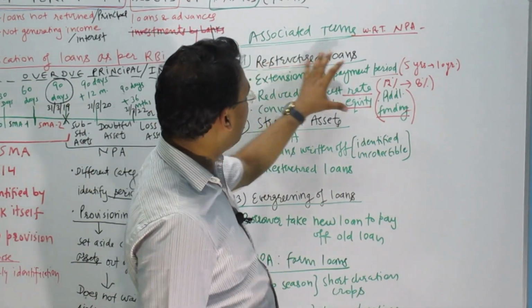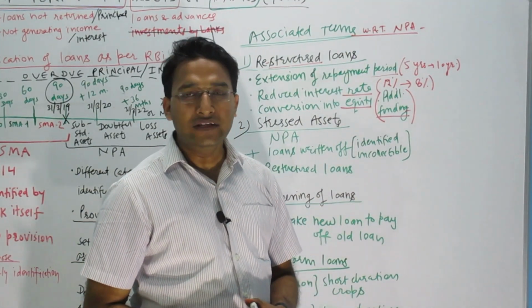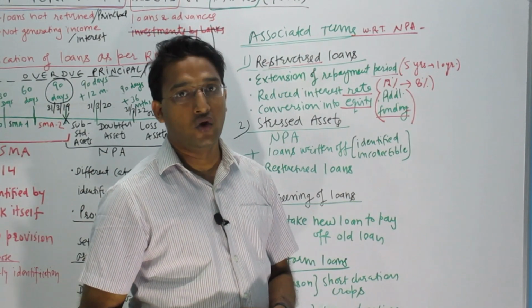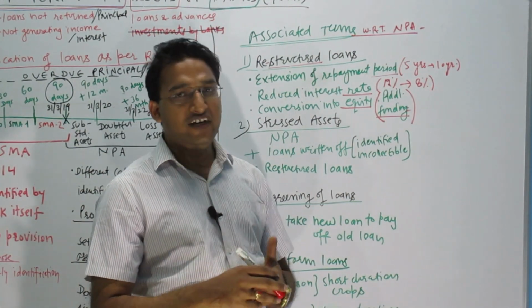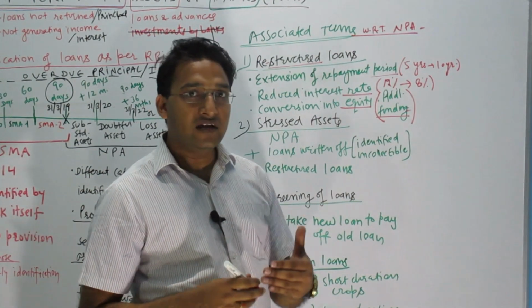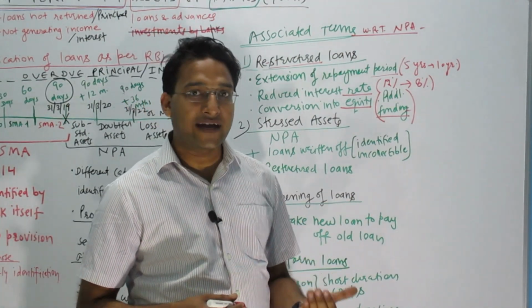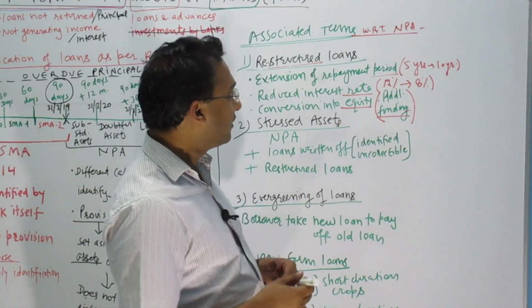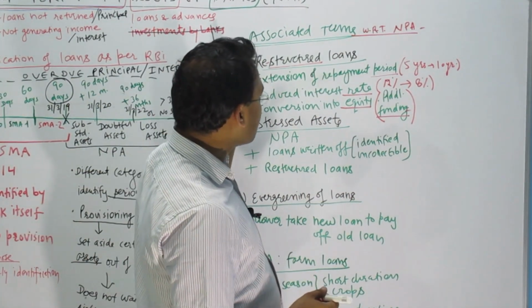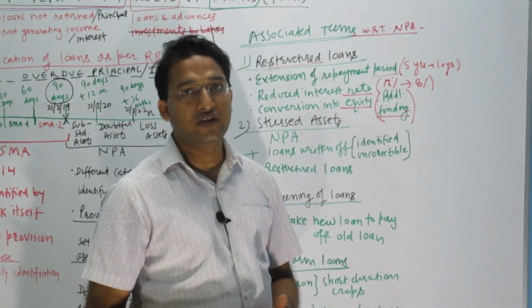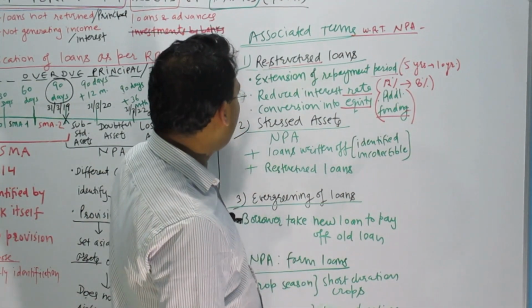These are the different scenarios possible, and when any of them happens to a loan, it is called a restructured loan, right? So before recovery or before taking any penal actions, before doing any harsh activity upon the borrower, the bank tries to convert this loan from NPA to non-NPA through restructuring, right? So this is the first term.